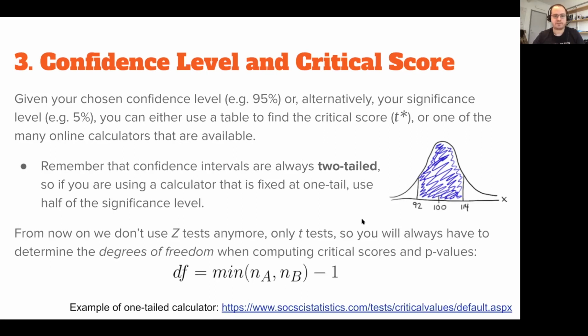Okay. So given your chosen confidence level, 95% for example, or alternatively your significance level, which is basically the same thing, right? If my confidence level is 95%, then my significance level is 5%. And the difference is that 95% is the confidence, so it's how confident I am that something is within my confidence interval.